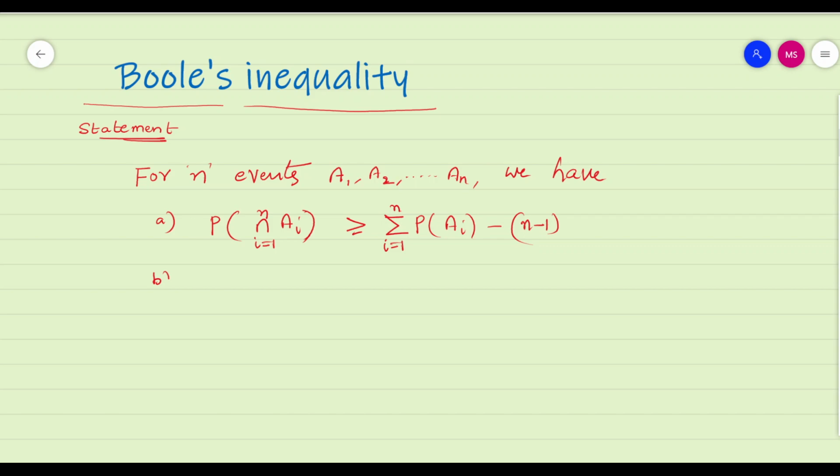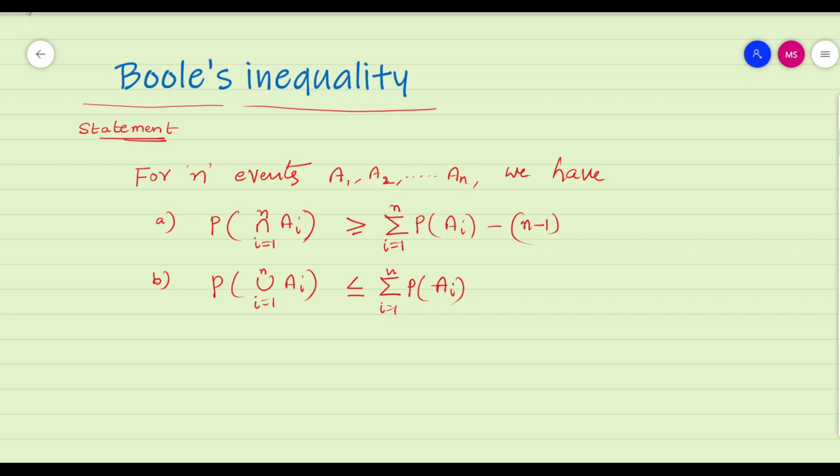And the second statement: P of union i running from 1 to n of Ai is less than or equal to summation i running from 1 to n P of Ai. This is the statement of Boole's inequality.